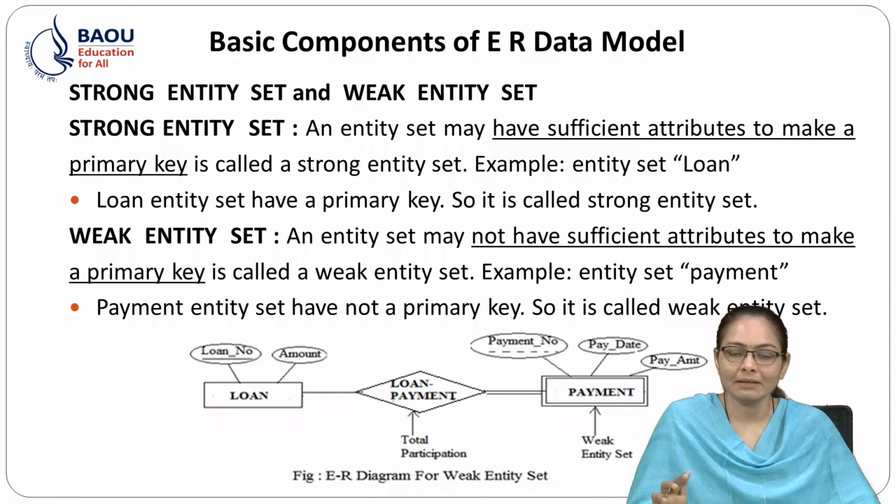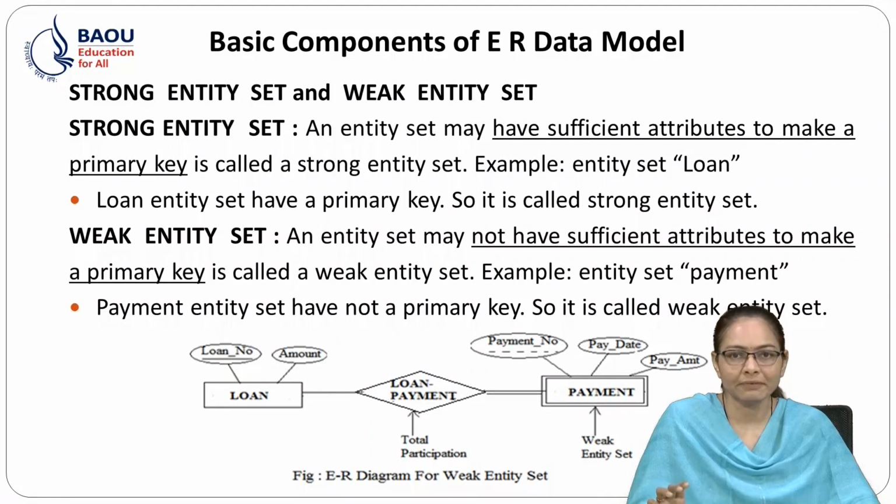But the payment number is not unique, because every loan can have the same payment number. For example, suppose loan 1 has 2 payments, payment 1 and payment 2, and loan 2 has 3 payments, payment 1, payment 2 and payment 3.